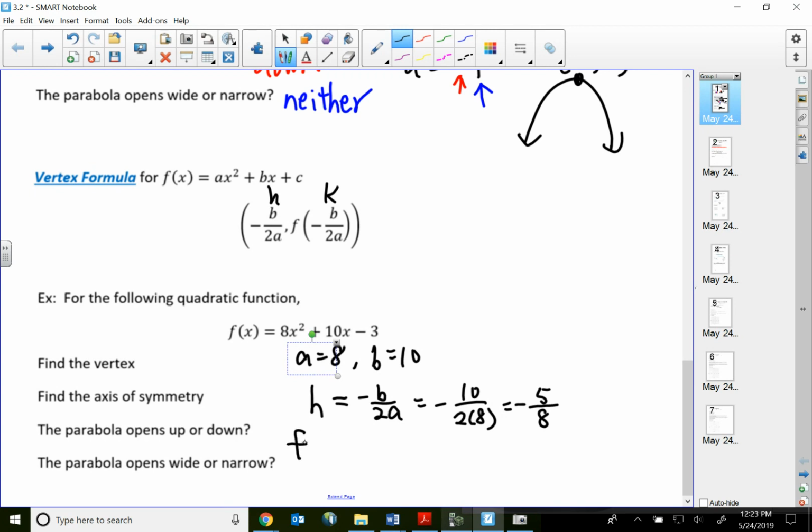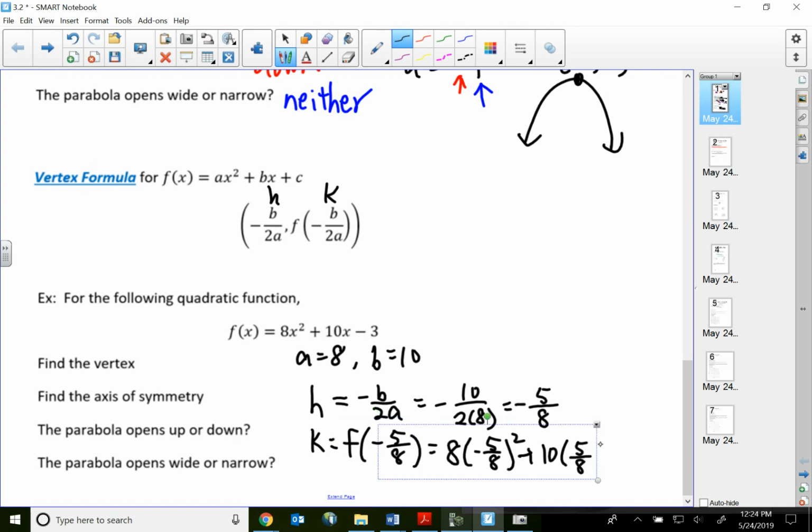So to find the k, this is going to be f of -5/8, which we can do in the calculator real quick. This is going to be 8 times -5/8 squared plus 10 times -5/8 minus 3. So I'm going to key this into the graphing calculator. That will give me the answer.